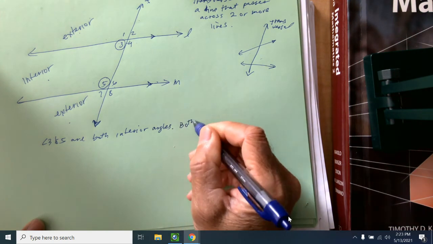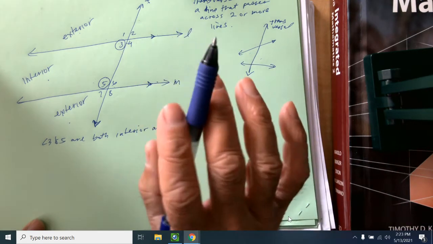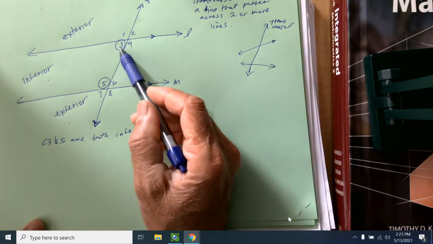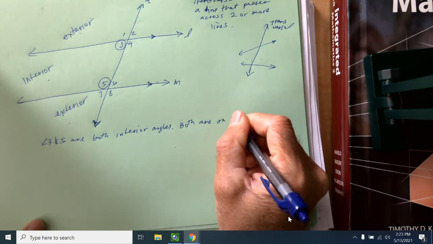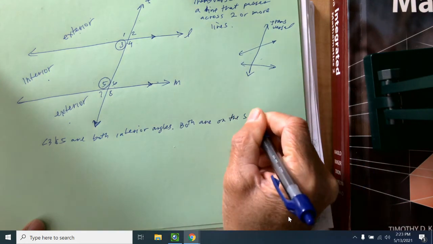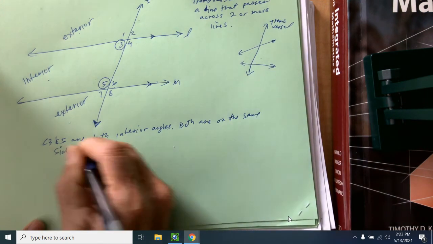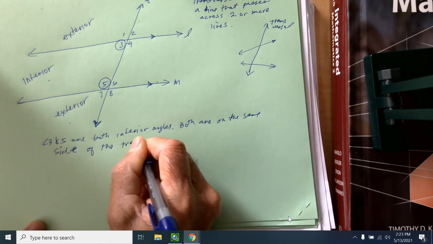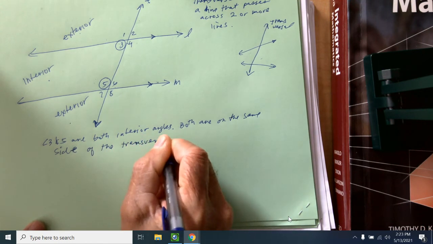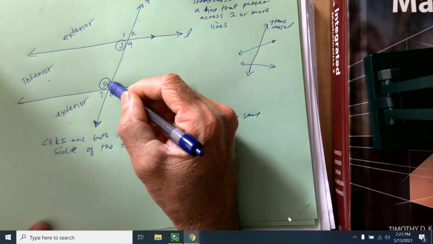The second thing is they're on the left side, but we don't really care about left or right. What we care about is they're on the same side of the transversal. Like that. Same side of the transversal.